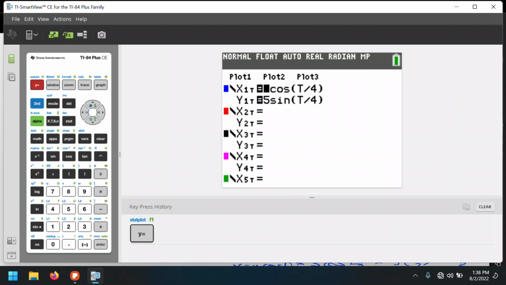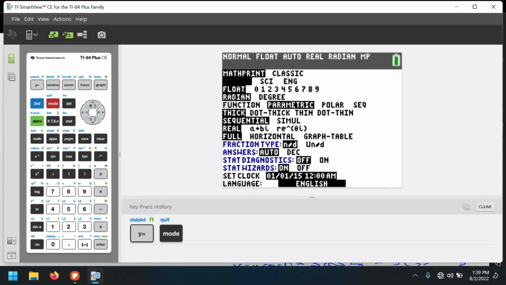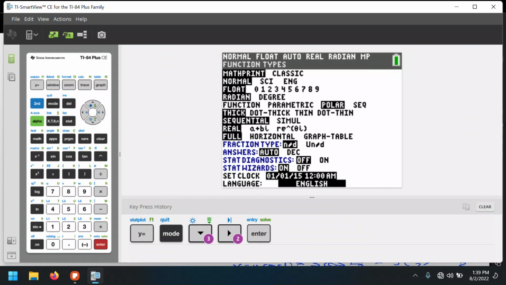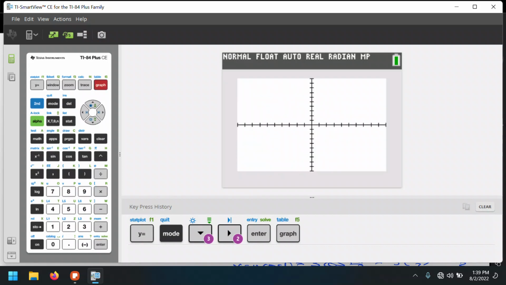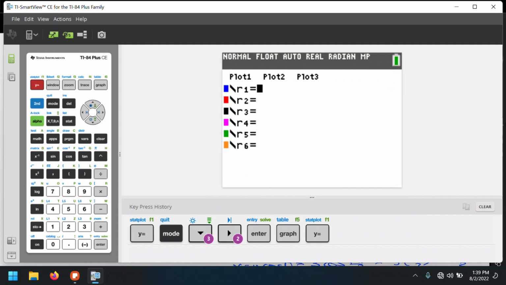Oh, okay, I see. Hold on. Mode, polar. I was in parametric form, so that's why there was nothing.